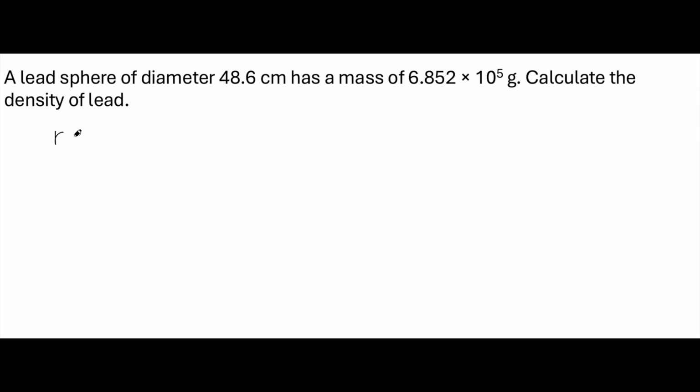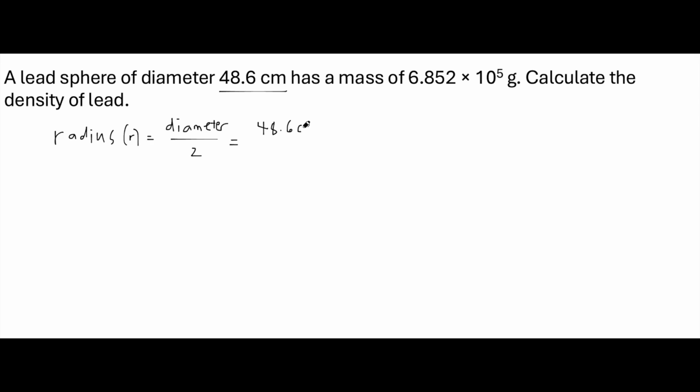So if you can recall the formula of the radius, or your R, that is equal to the diameter divided by 2. So in the problem, we are given the diameter, which is 48.6 centimeters.